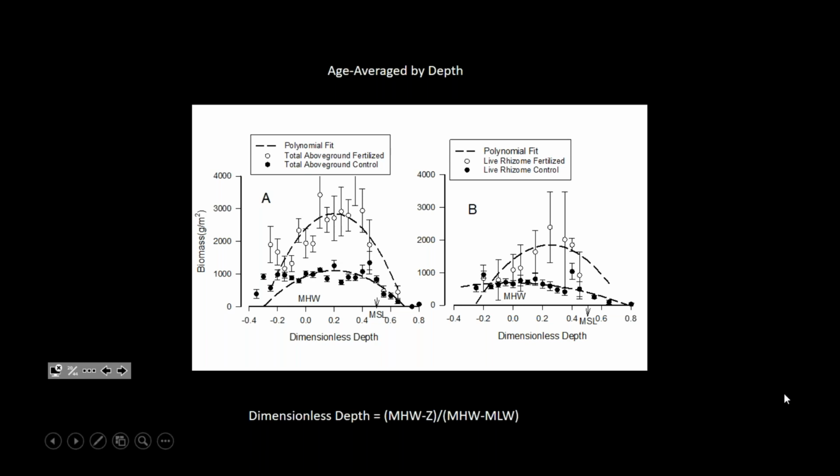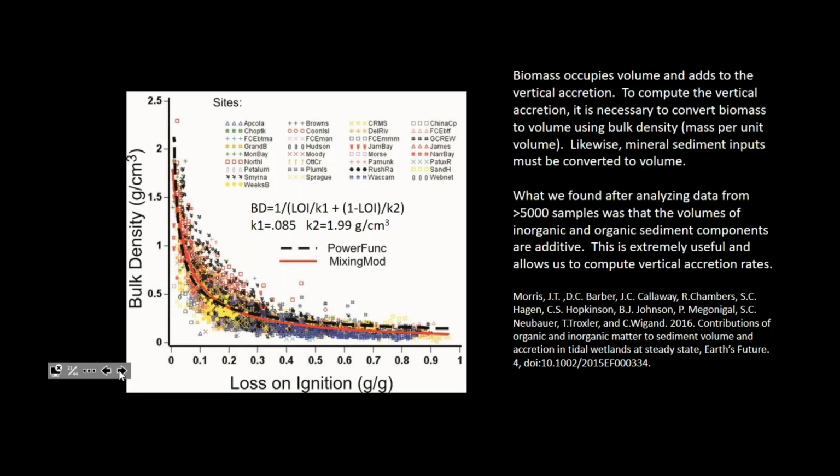And their biomass can build up pretty substantially. And you can calculate the volume of these things. This is based on a meta-analysis of over 5,000 soil samples from marshes all over North America. And this is from first principles, this mixing model. K1 and K2, these are the self-packing densities of organic matter and mineral matter.